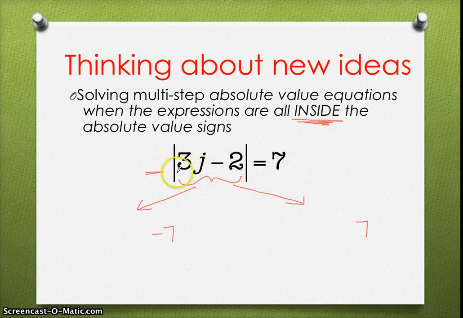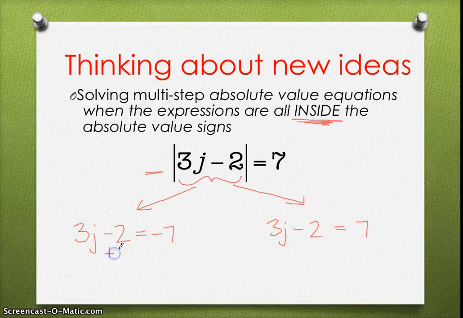And we know that whatever quantity inside the absolute value sign needs to equal those 2 values. So 3j minus 2 equals negative 7, and 3j minus 2 equals positive 7. And then we're going to solve these 2 equations to get 2 solutions, 2 answers that would fit this equation.